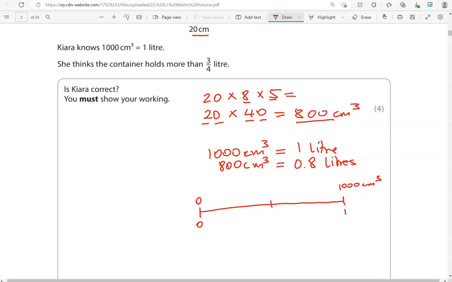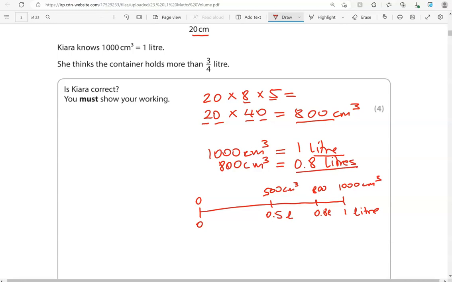So underneath, with 0 and 1, they represent it in decimal form. So half of 1000, that is 500 cubic centimeters, which is 0.5 as a decimal. And in this case, we're talking about liters, so that is 1 liter, and that's 0.5 liters. Now 800 will be about here, which is also 0.8 liters, as we've seen.